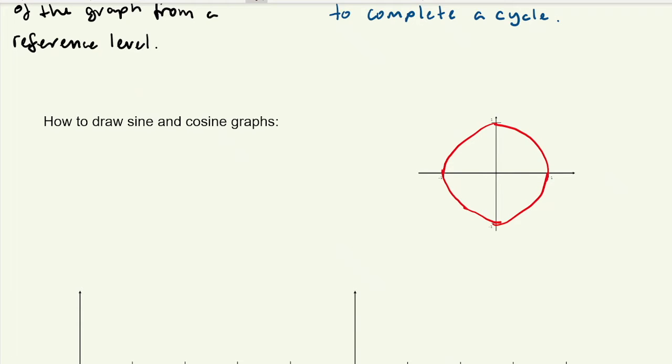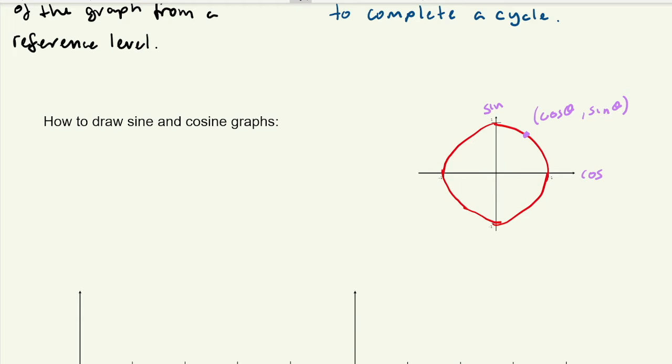Now, in terms of the unit circle, any coordinate point on that circle is going to have the coordinates of cos theta, which is our x-axis, or sine theta, which will be our y-axis.